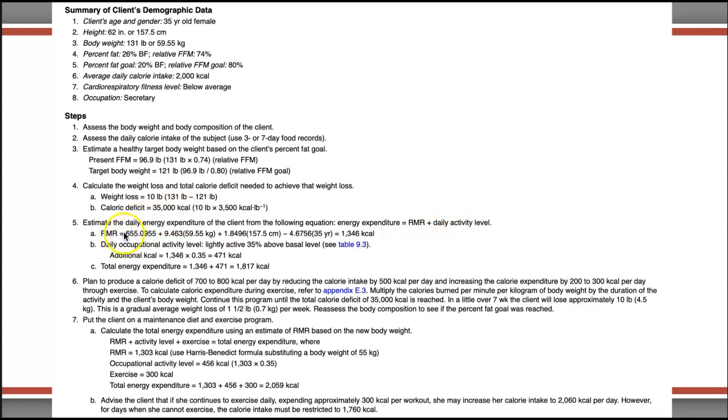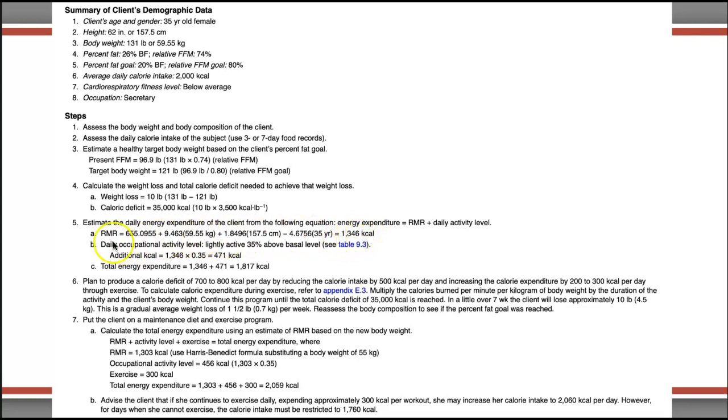The RMR comes from our charts, and so does this estimated activity level times their weight, I believe. Notice they did that in kilograms, so you'll have to convert that. Plus the daily activity level, and that's their height. And then this times how many years gets them their resting metabolic rate without doing anything, which is 1,346.